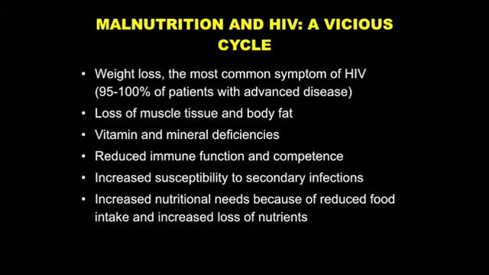That vicious cycle leads to loss of muscle tissue and body fat and also vitamins and minerals. There is deficiency of both. And then there is reduced immune function in both of them, and increased susceptibility to infection, whether from malnutrition or HIV. So if you have both, it's double trouble.